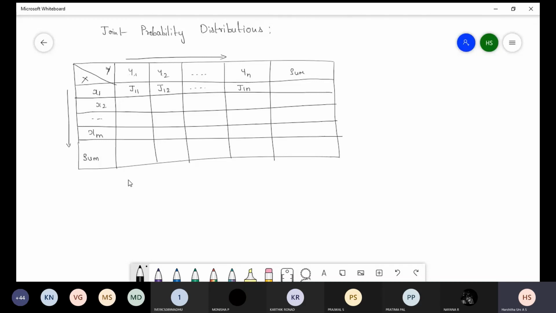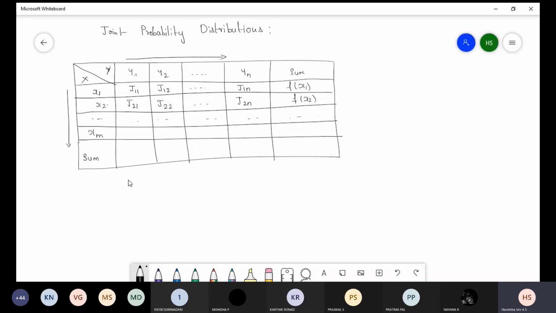This row sum, we can call this one as f of x1. Next, x2, y1, j21, x2, y2, j22. So on. Again here j2n. Sum will be f of x2. So like that, next row also continue like that only.